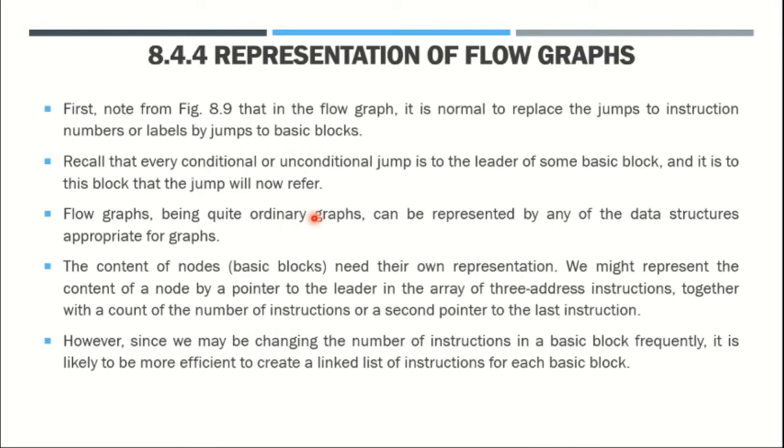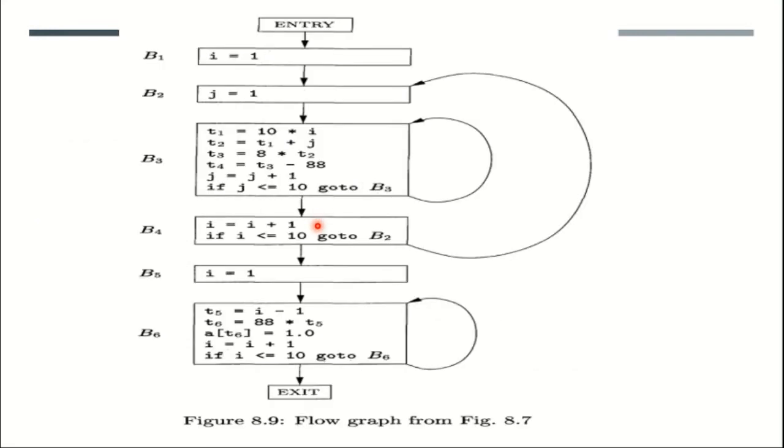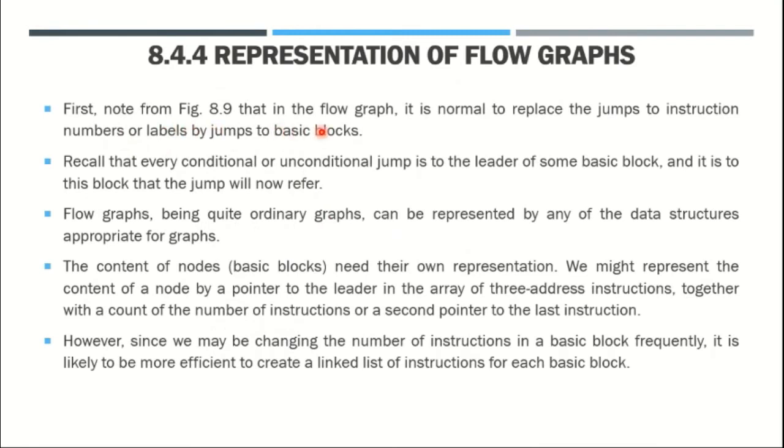So now we discuss how to represent flow graphs. Just now we observed in the above example, the above diagram, how we construct the flow graph representation. Whenever we represent the flow graph, we replace the jumps to instruction numbers or labels by jumps to the basic blocks.